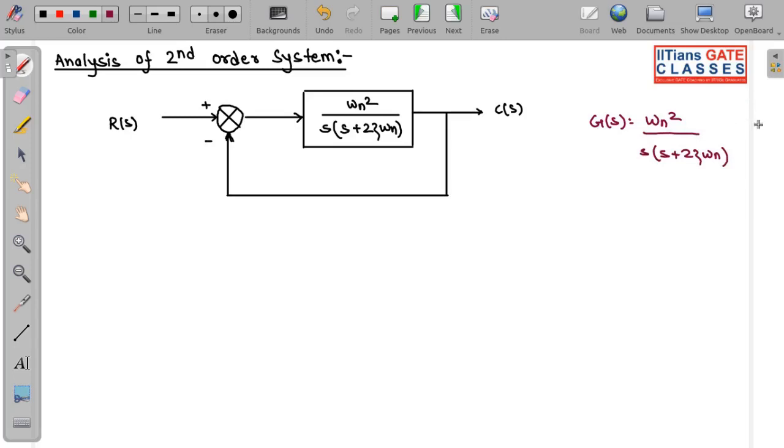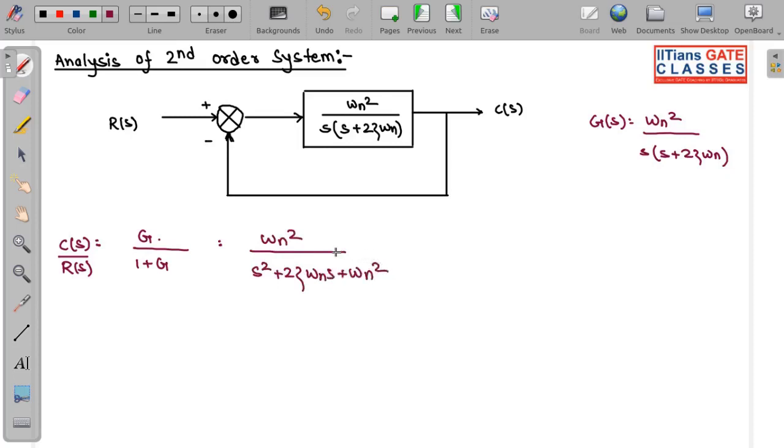Now, where is this zeta? First let us calculate the closed loop transfer function. That will be G divided by 1 plus G, because this is a negative unity feedback. So this will be equal to omega n square divided by s square plus 2 zeta omega n s plus omega n square.